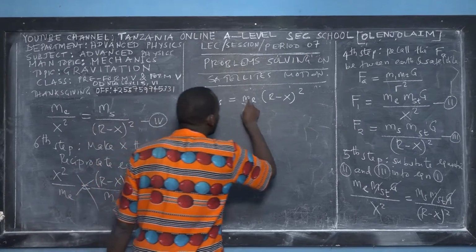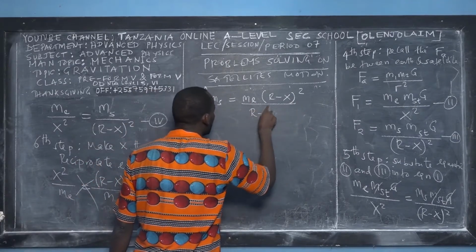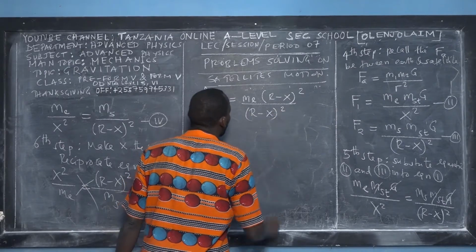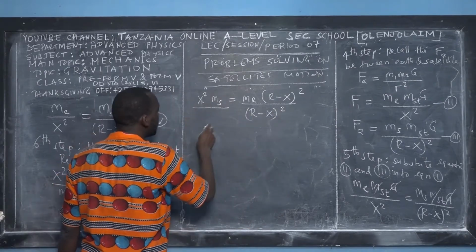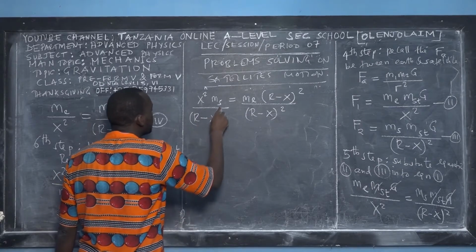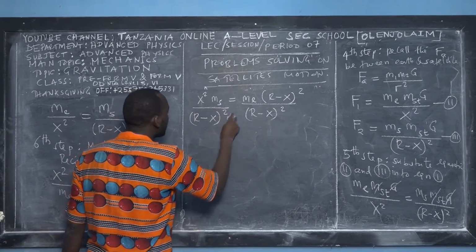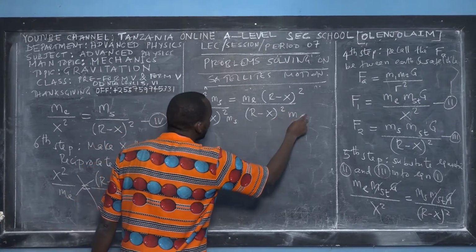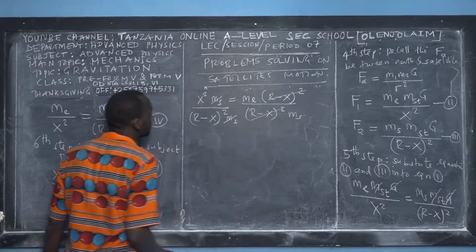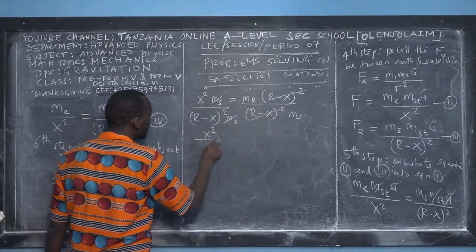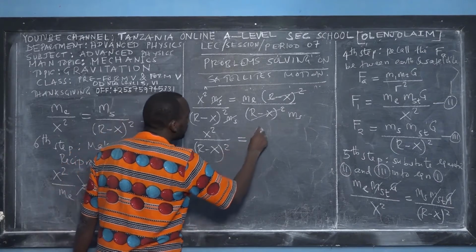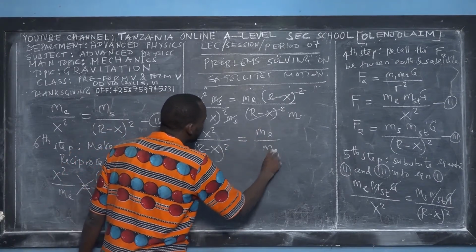Then we divide by the mass of the sun, so these cancel, and it remains with x squared over the distance, this one squared, is equal to the mass of the S over the mass of the sun.